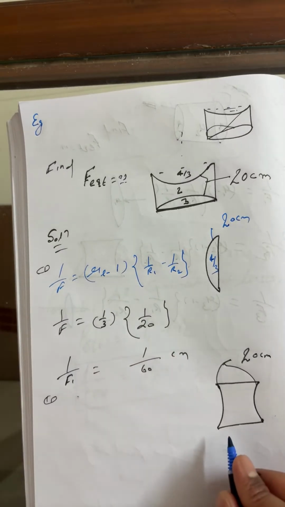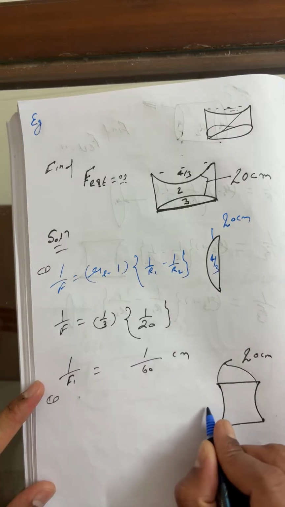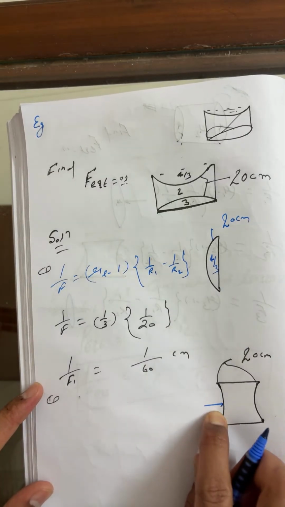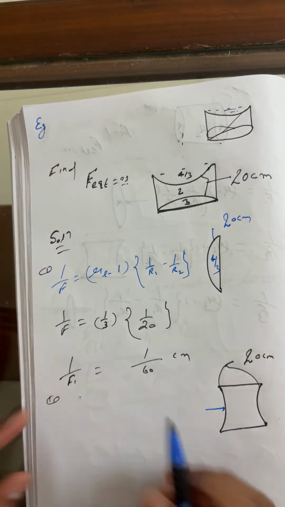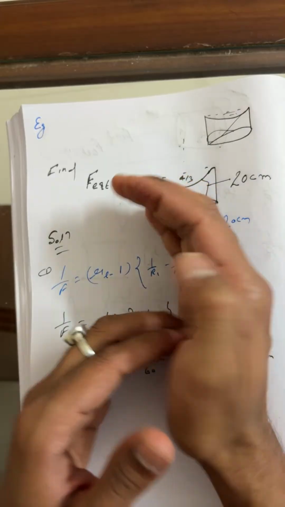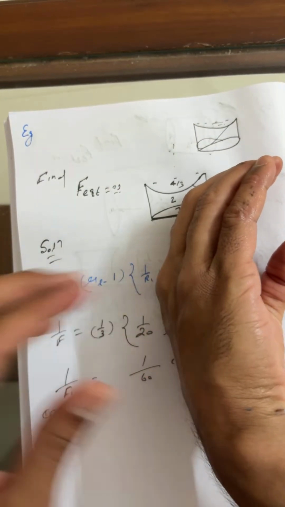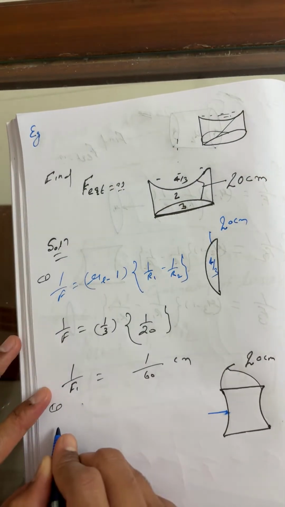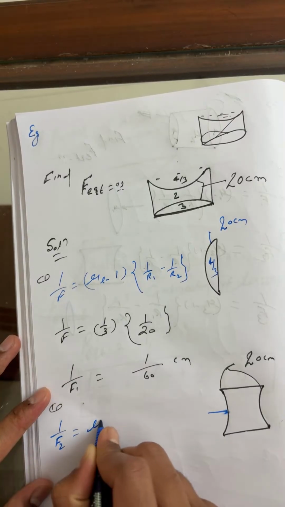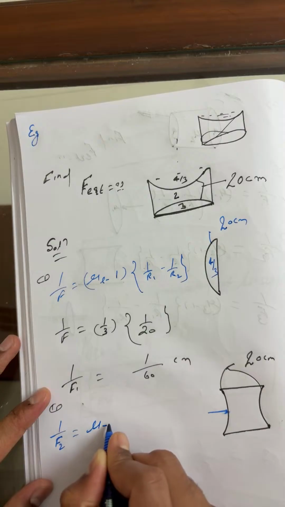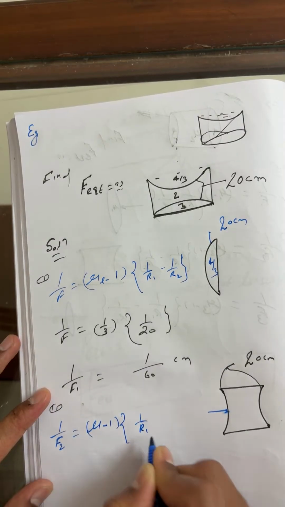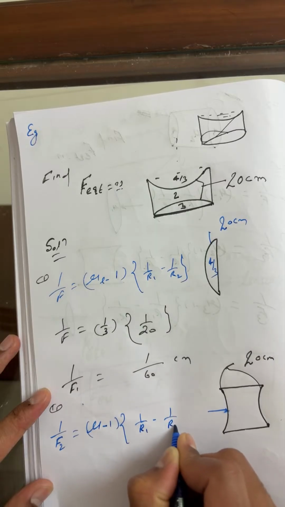Here, again, I'm considering the ray from this side only. So this is negative, this is positive. Just keep in mind, as I say, if the ray is falling over here, this is negative. Ray falling over here, then this is positive.